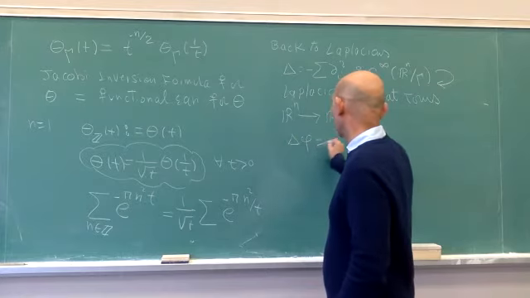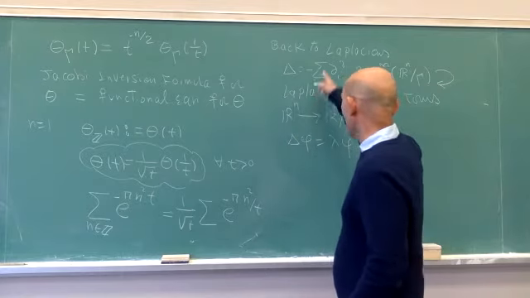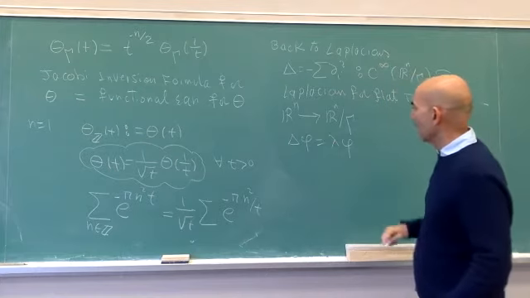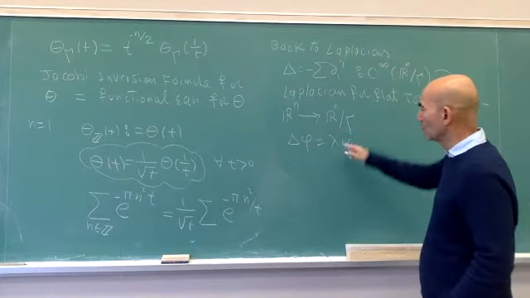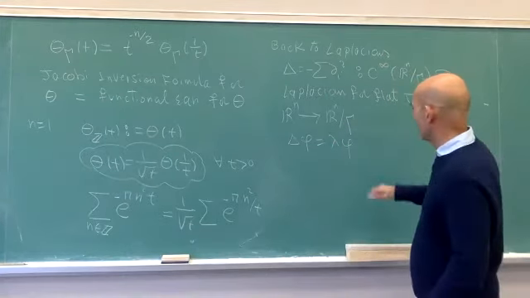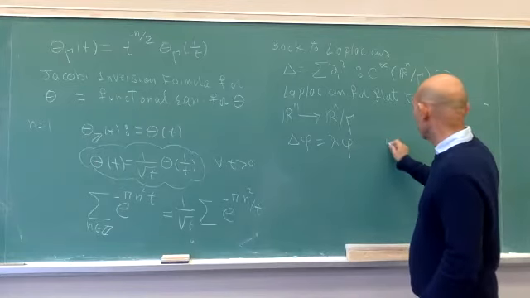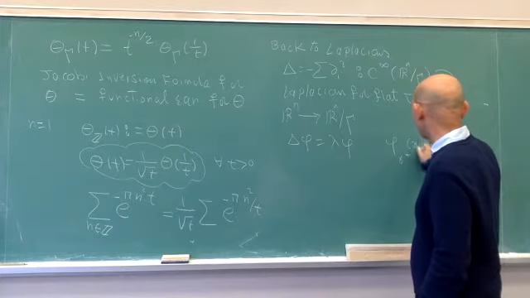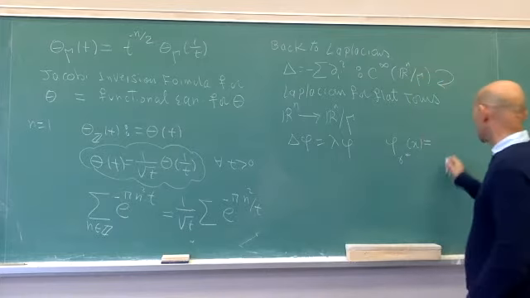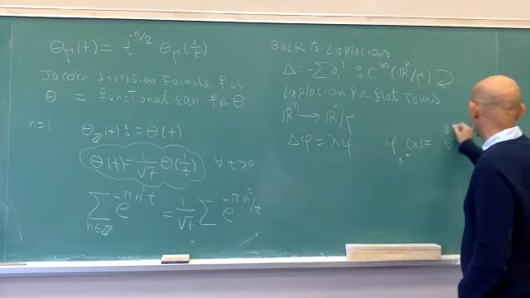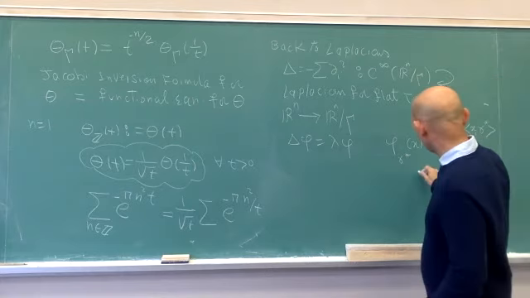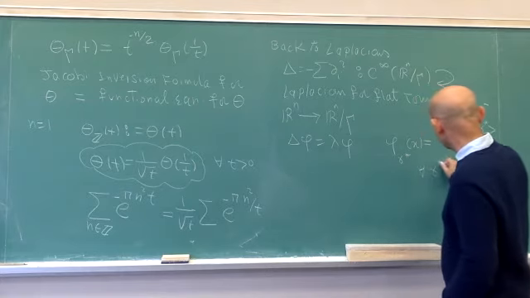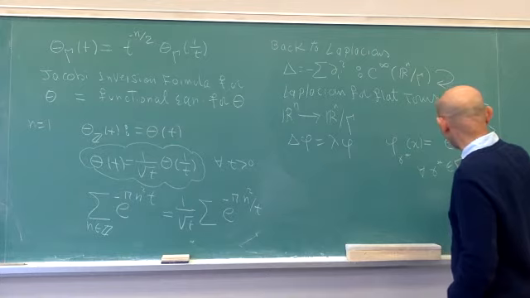The delta phi equal to lambda phi equation has solutions that we know. Do you remember the solutions? We said that phi gamma star of x is equal to e to the 2 pi i inner product of x and gamma star, for any gamma star belonging to the dual lattice.